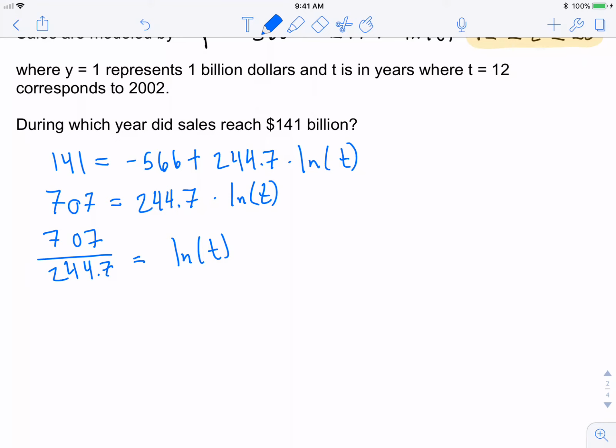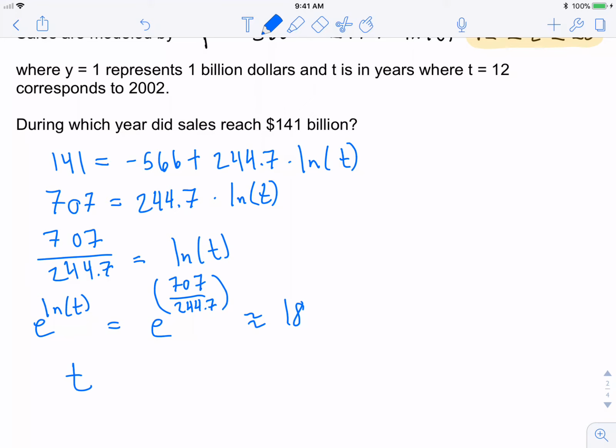So we have e to the power natural log of t is equal to e to the power 707 divided by 244.7, which is actually very close to the number 18. On the left-hand side, e to the power ln of t cancels out, and we're just left with t.